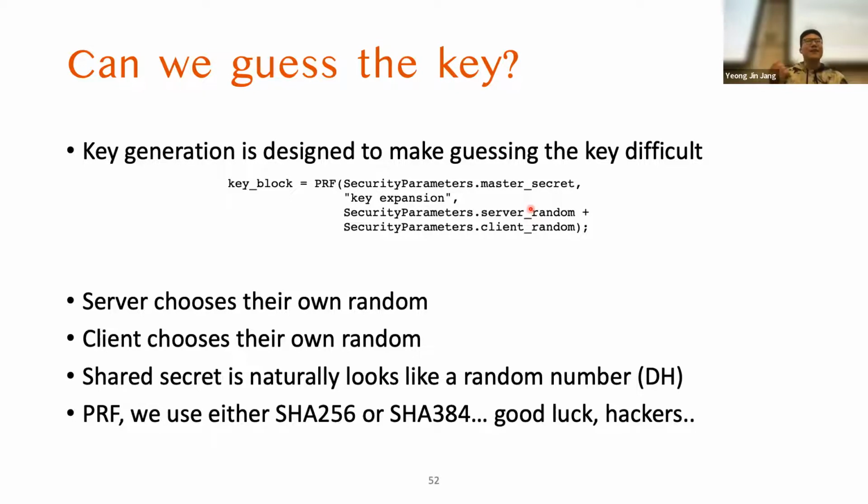And we insert random from both sides so that even if one side does not put in a proper random number, the connection is still secure if the other end sends it correctly. We are using a pseudo-random function based on SHA-256 and SHA-384, which is believed to be secure right now. So even with part of the values, you cannot guess the master secret or the output keys.